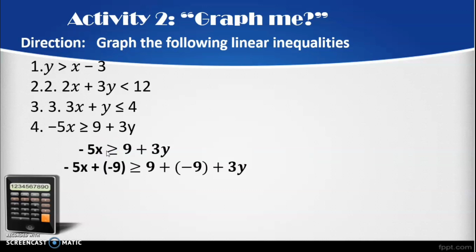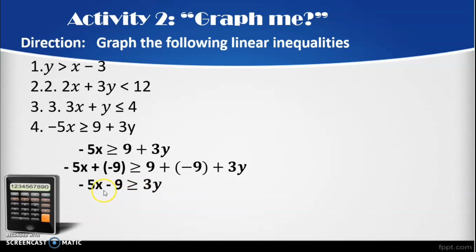So, we will add negative 9 both sides para ang matitira sa right side ay ang 3y na lang. So, negative 5x plus negative 9 greater than or equal to 9 plus negative 9 plus 3y. 9 plus negative 9 is 0, so ang natitira na lang is 3y. So, negative 5x minus 9 greater than or equal to 3y.